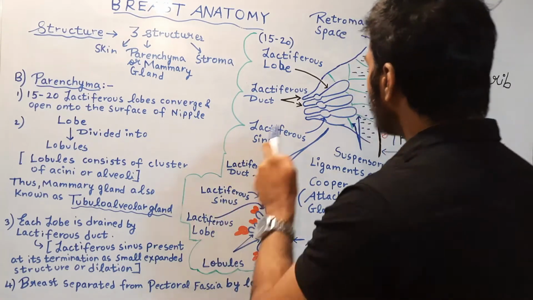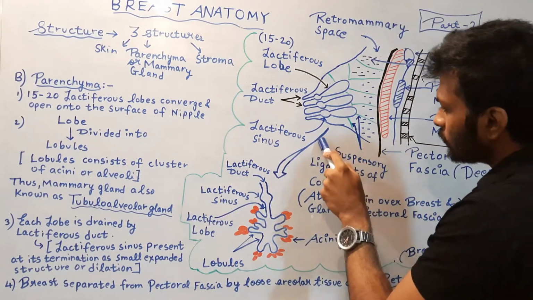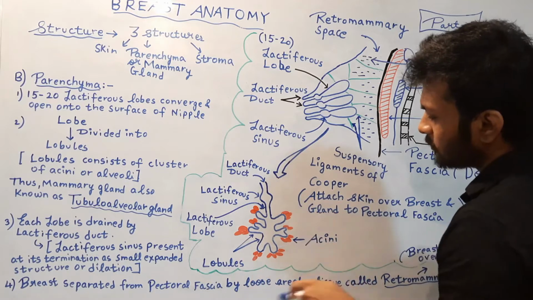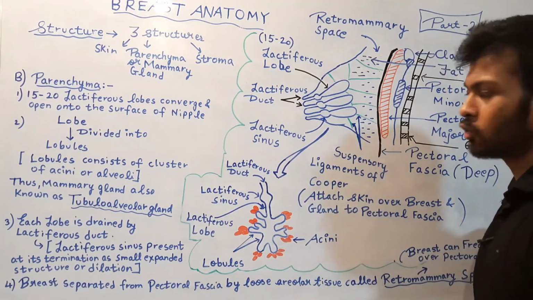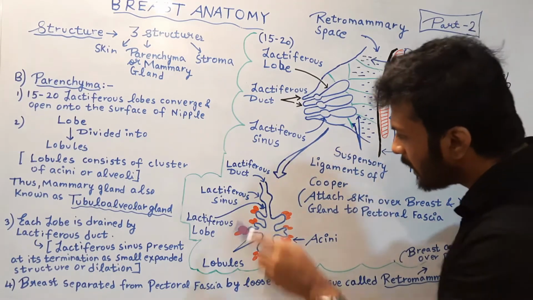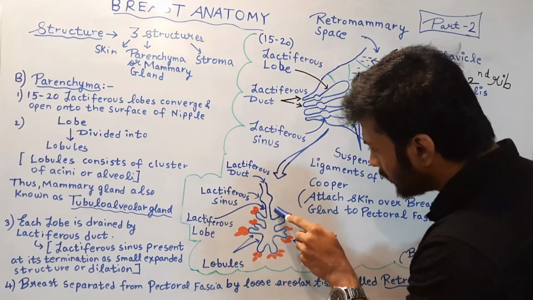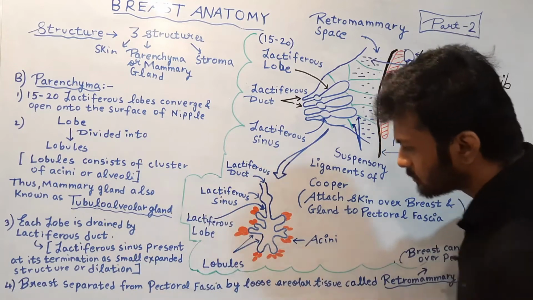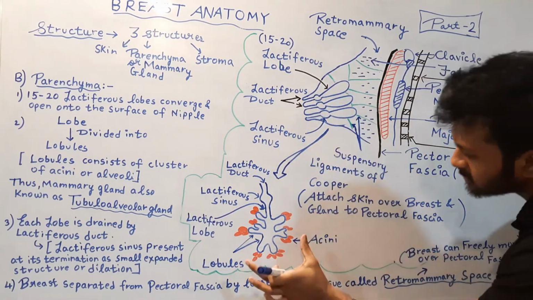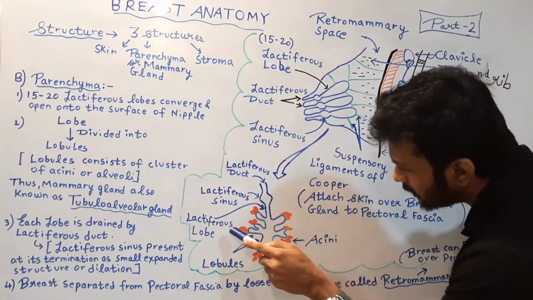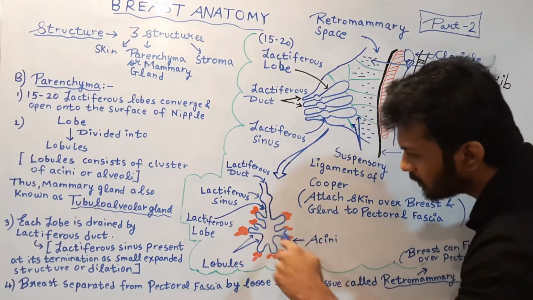Okay. So the expanded view I have drawn over here, expanded view of lactiferous lobe. So we can observe that this lactiferous lobe is in turn divided into lobules. So this is one lactiferous lobe. If we consider, it is divided into many lobules. Okay.